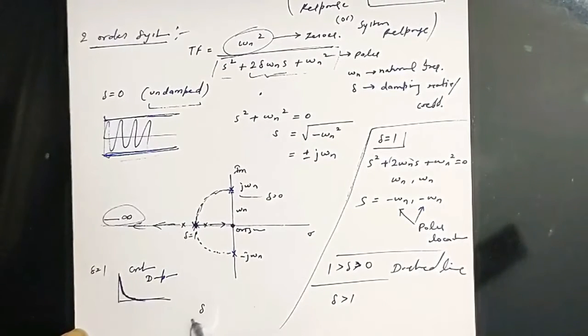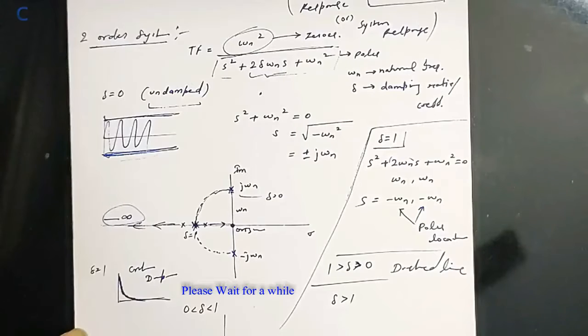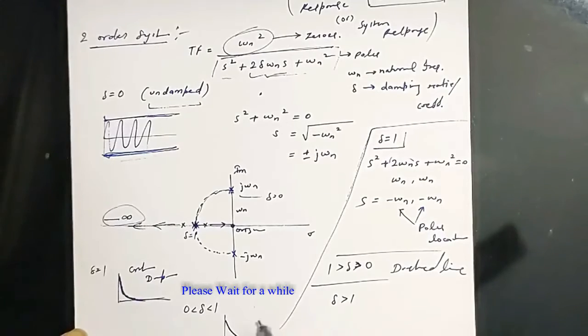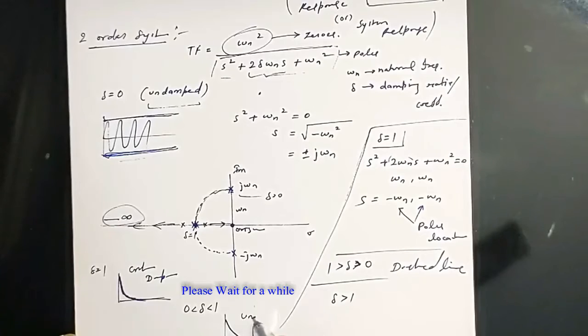Now, if zeta is between 0 and 1, we get a response like this one. It has damping, but not critical damping. That damping is between undamped and critical damped, which is called underdamped.